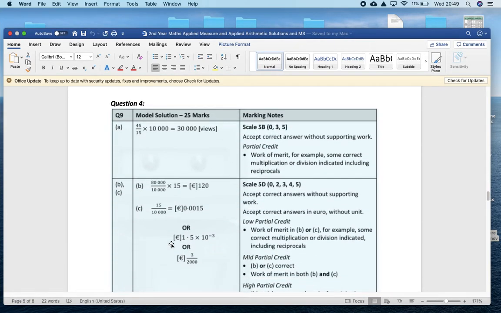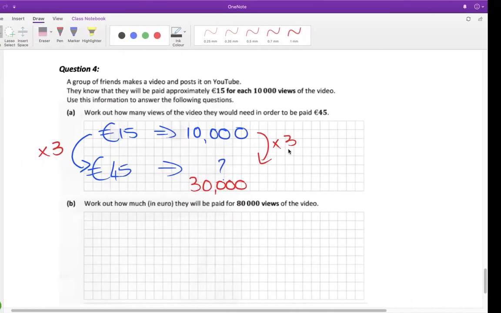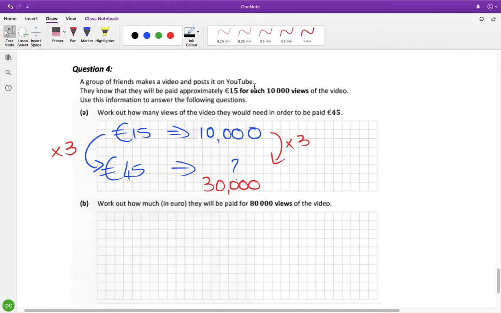Is that giving us marks? It is. So 30,000 views is 5 marks. Work out how much in euro they will be paid for 80,000 views. So they're getting €15 for 10,000 views.